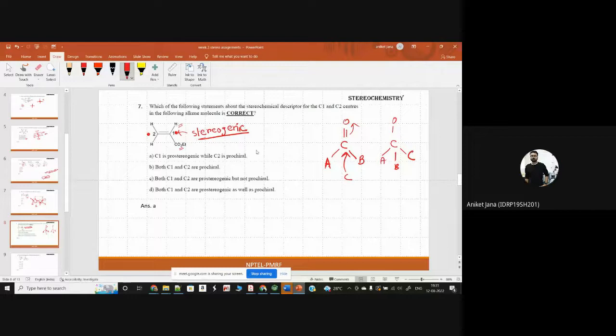Yes. So tell me which option will be right? A, absolutely. So from our given examples, option A is right. C1 is the pro-stereogenic and C2 is the prochiral center.